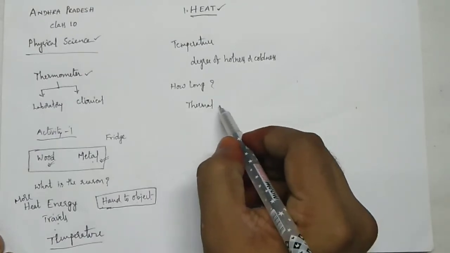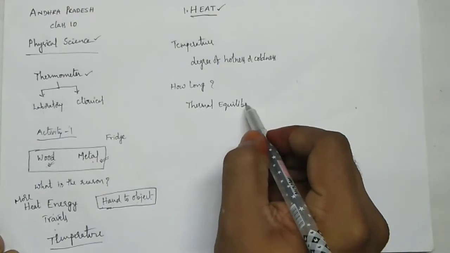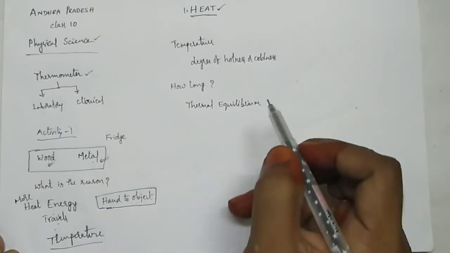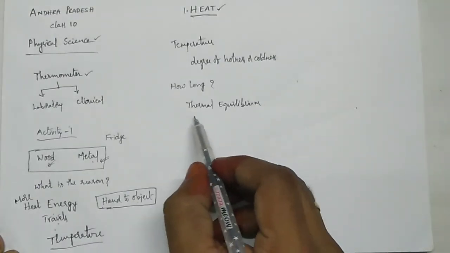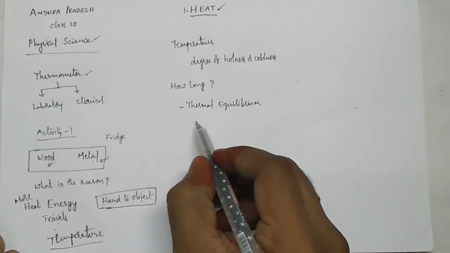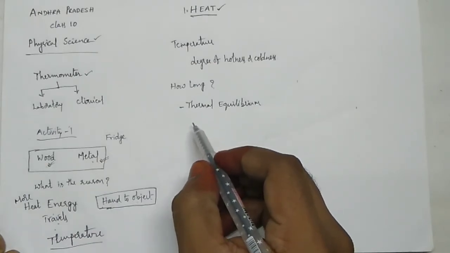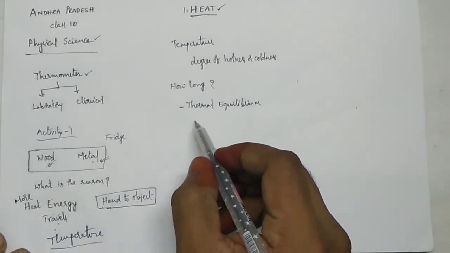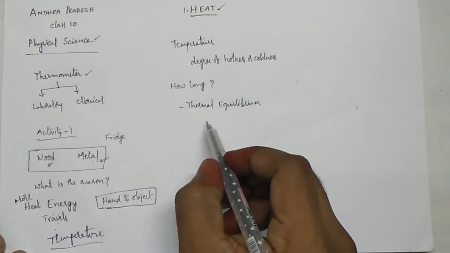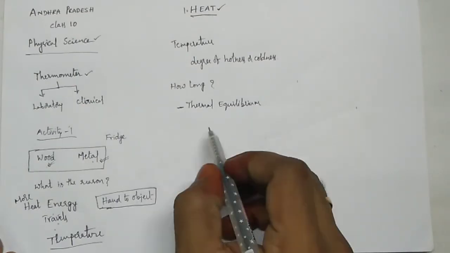What is called thermal equilibrium? Thermal equilibrium is a state between two objects, which occurs when their temperatures become the same.